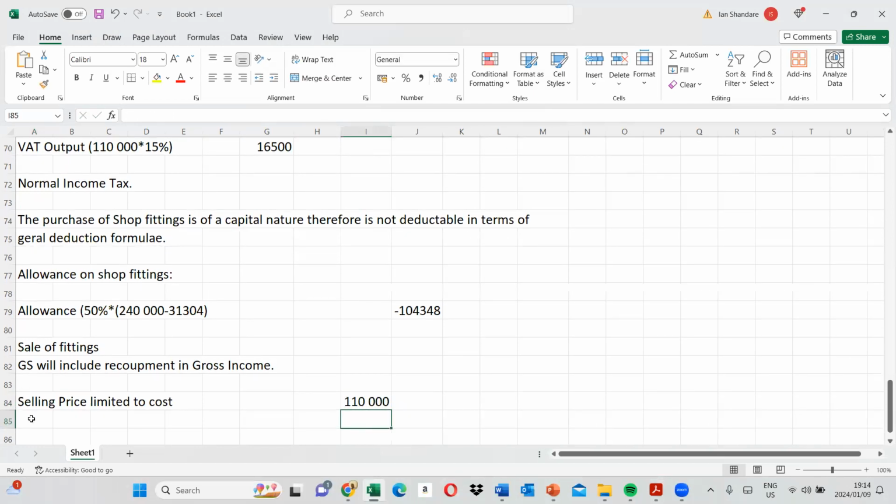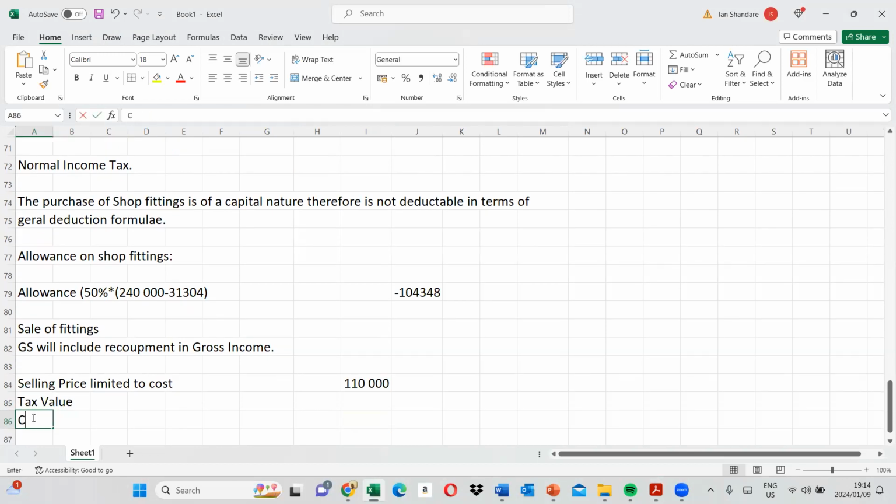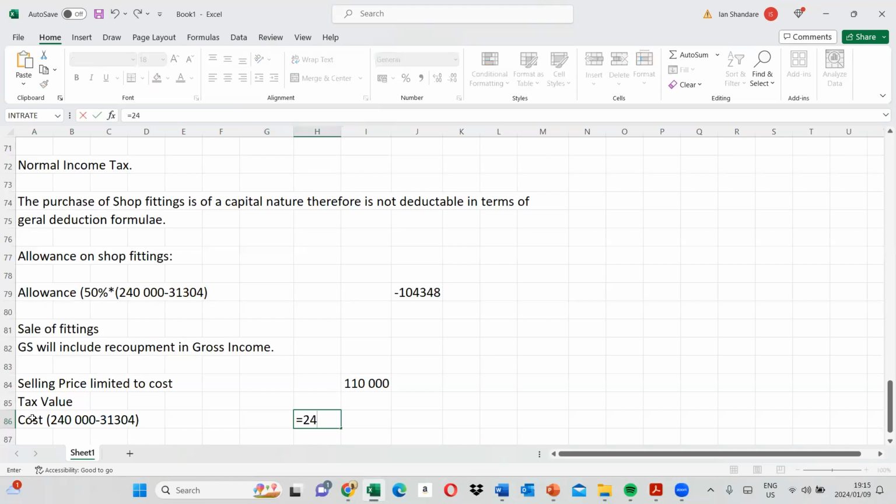And then tax value. In this case, tax value is cost. So our cost is 240 minus 31,304. This is what will give us the cost.